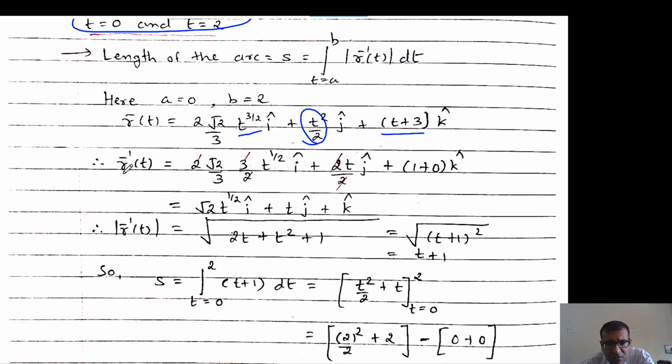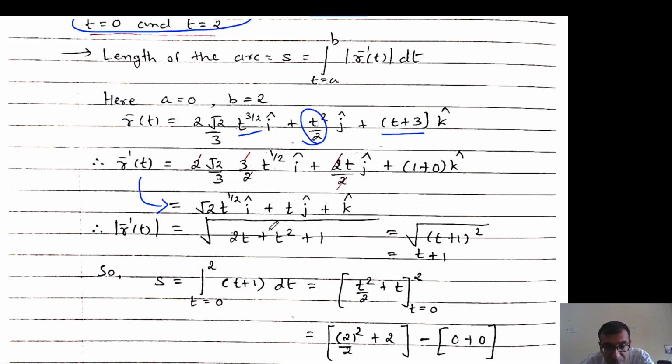So we have r bar dash of t is equal to this one, root 2 t raised to 1 by 2 i plus t j plus k, and therefore mod r bar dash of t is square root of, see, root 2 into t raised to 1 by 2 is also root t, so root 2t whole square, that is 2t, plus t whole square, that is t square, plus 1 square is 1, so it is 2t plus t square plus 1.